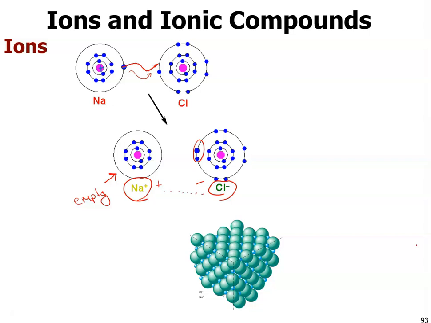And so then we can form this ionic compound, where these are ions because they are charged. This is an ionic compound when we have positively and negatively charged ions. One thing just to also note, cations are positive, anions are negative. Just some nomenclature for positively and negatively charged things.